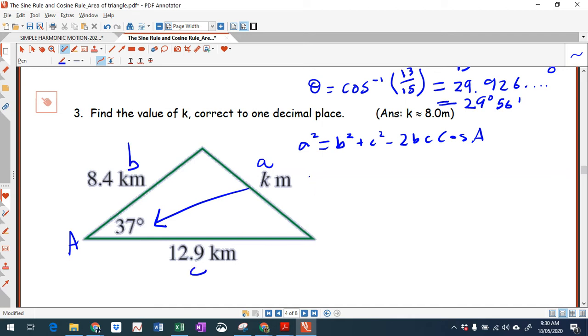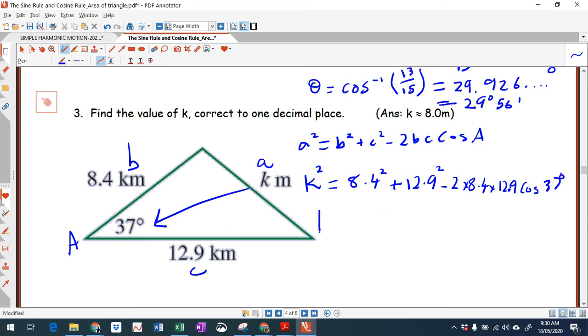So we're going to have k squared, and I'm not going to worry about the meters yet. k squared is equal to 8.4 squared plus 12.9 squared minus 2 times 8.4 times 12.9 and cosine of 37 degrees.